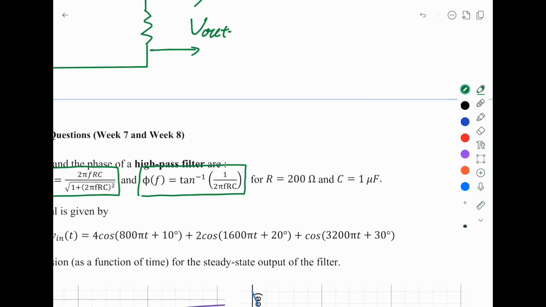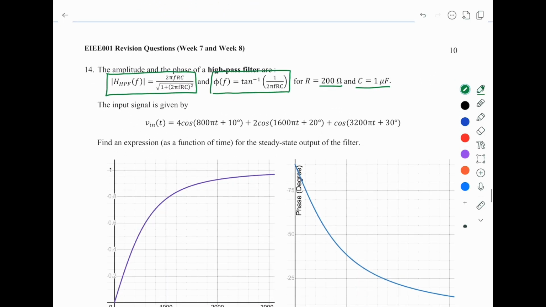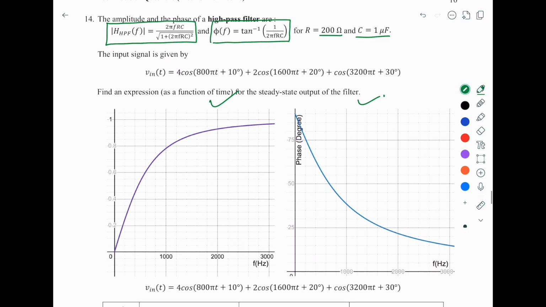Again, if R is 200 ohm and the capacitor is 1 microfarad, in this case, we can plot the transfer function with these two graphs.